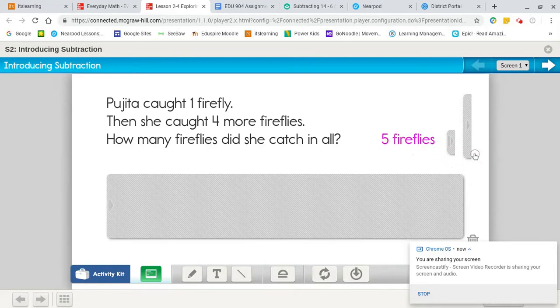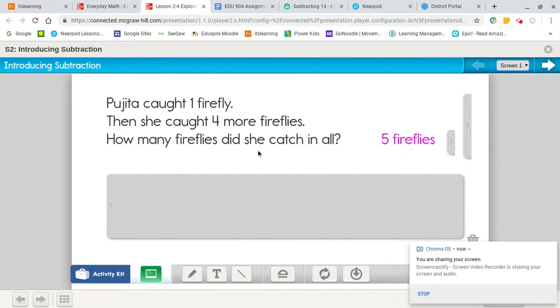All right, your answer should have been 5 fireflies. Now, I want you to think, what did they have us do in this problem? Well, they had us add. Are there any words in there that gave you a clue that you were supposed to add these together?